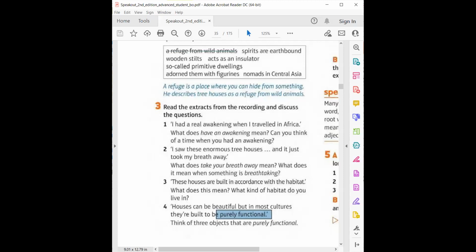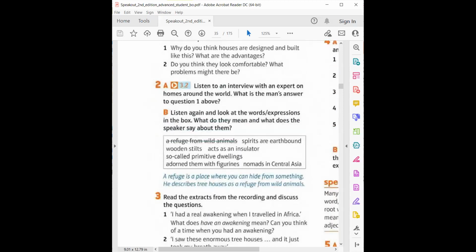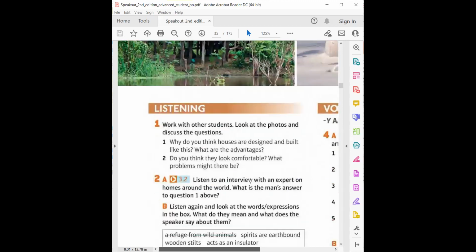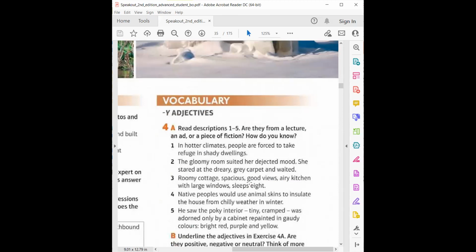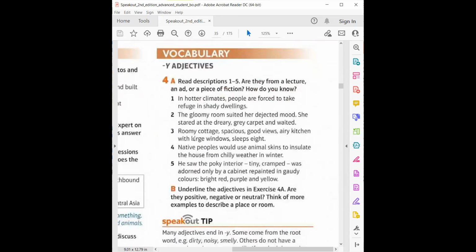Okay, so far so good. Now, let's have a look here. We're going to study a little bit of new vocabulary. All right, we have 5 sentences. What do we need to do here? I want you to read them.